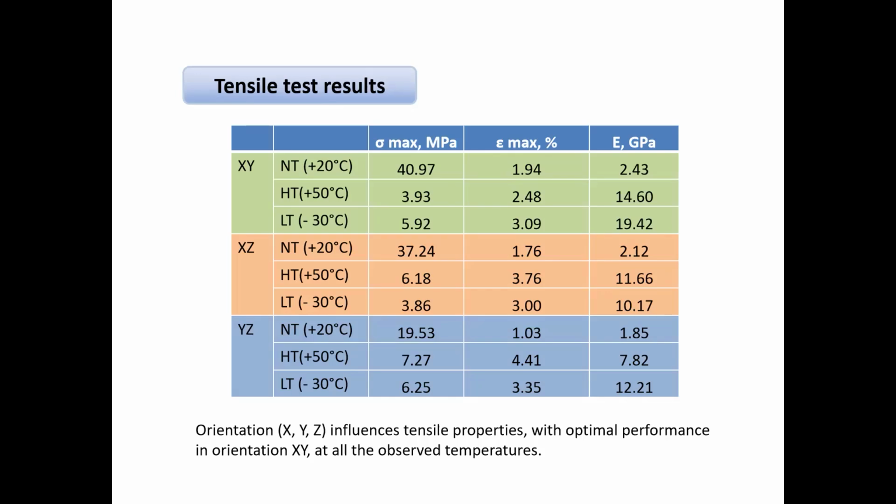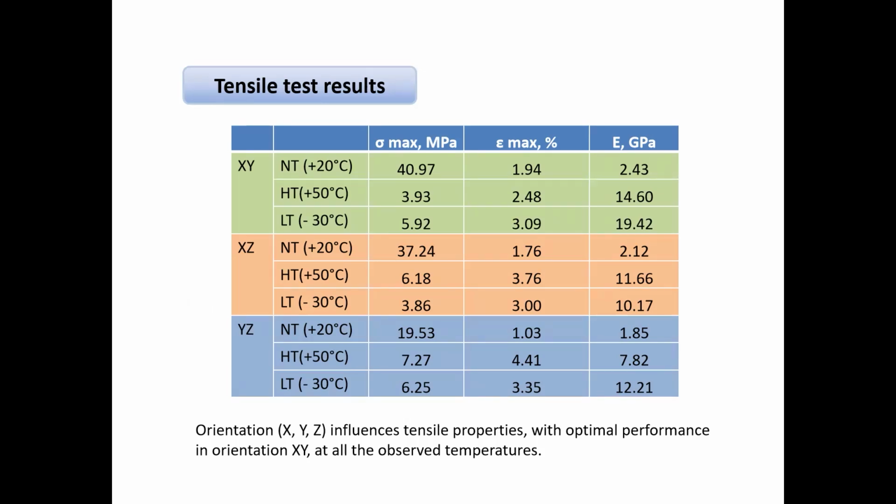It means that in comparison with the raw PLA, at normal room temperature, about 20 degrees, we have a modulus of 2.43, 2.12 and 1.85, depending on the specimen orientation, which is higher, maybe twice.